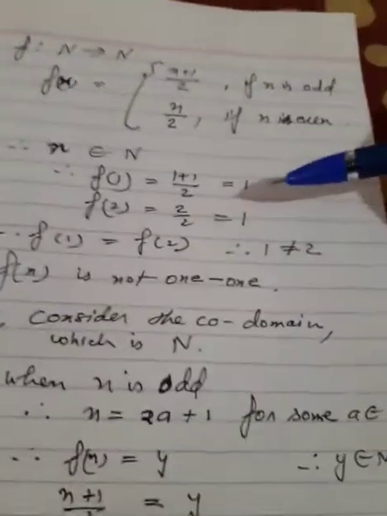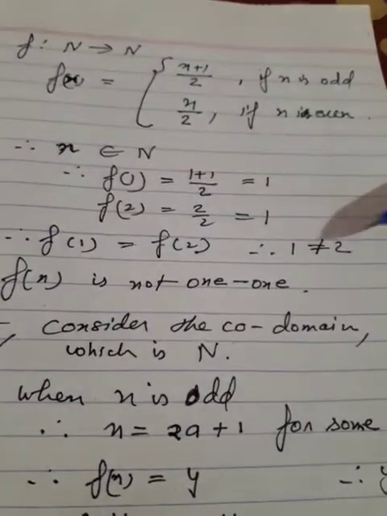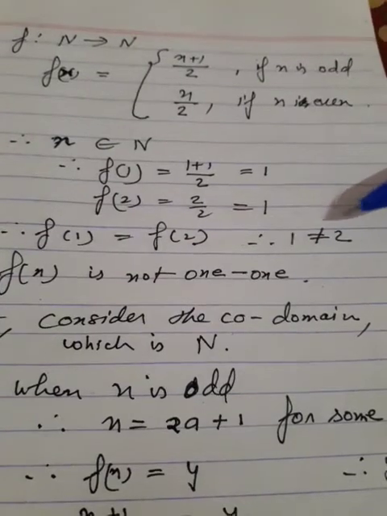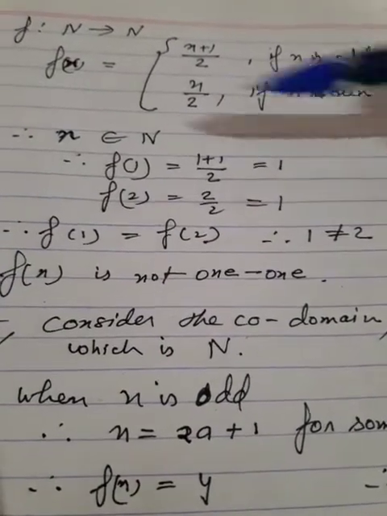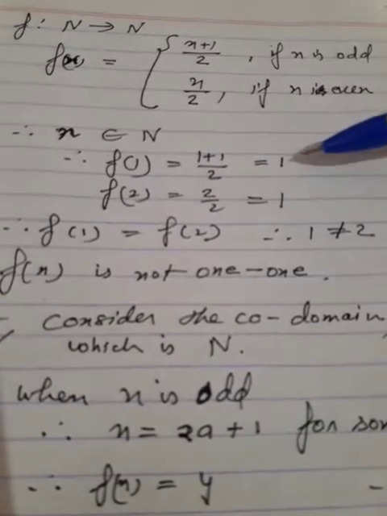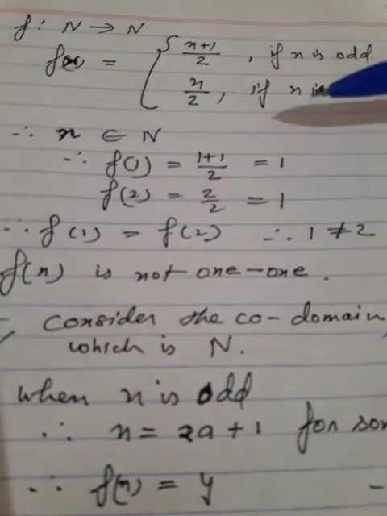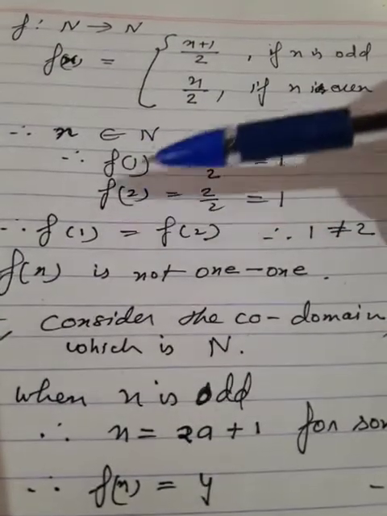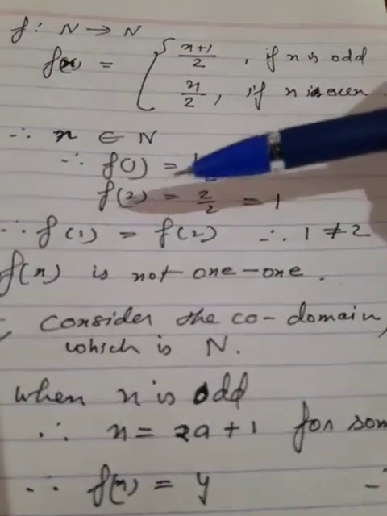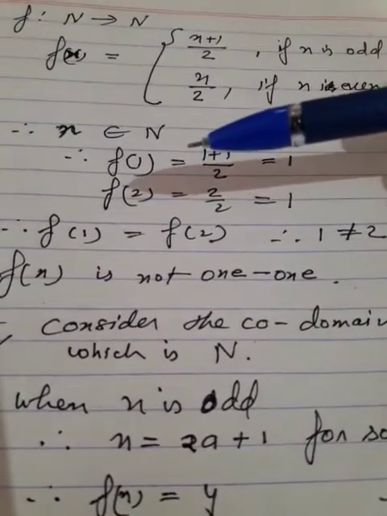Now see that we have taken two different numbers, 1 and 2, from the domain. 1 is not equal to 2, but what we are getting is that f(1) equals f(2), both are equal to 1. So in the codomain we are getting the same image for two different elements of the domain. So this is not the definition of one-one. What is the definition of one-one?